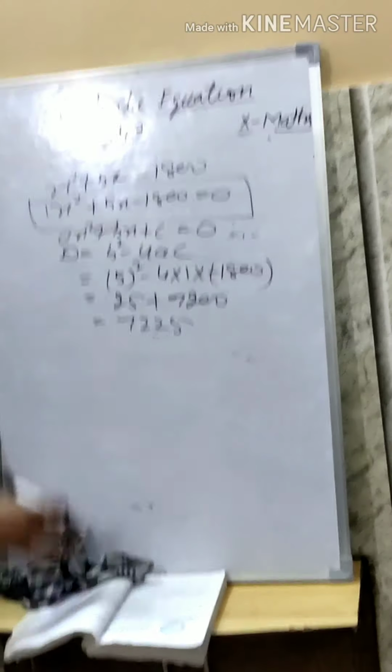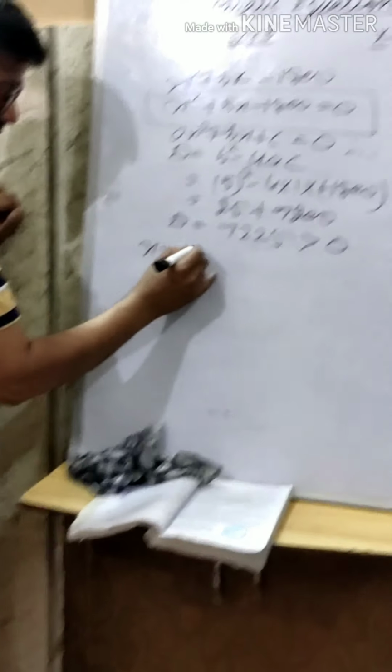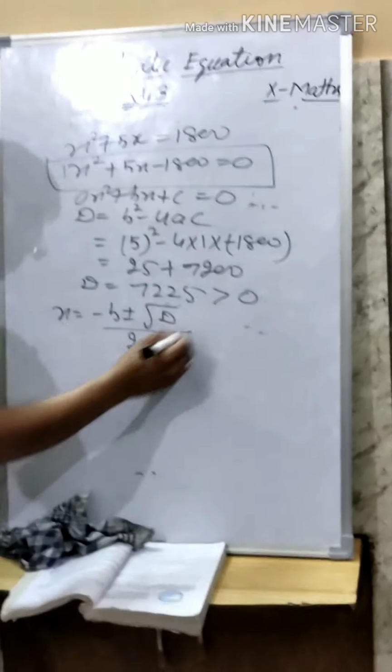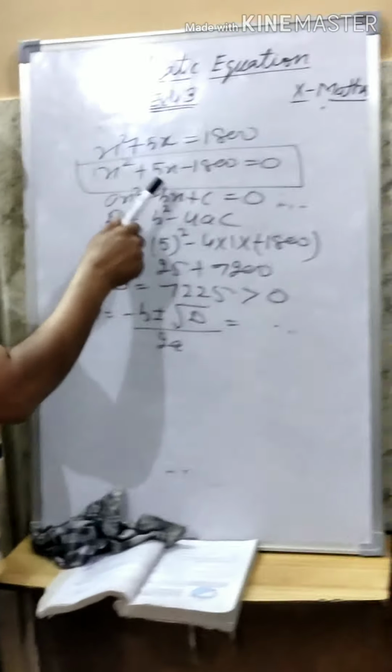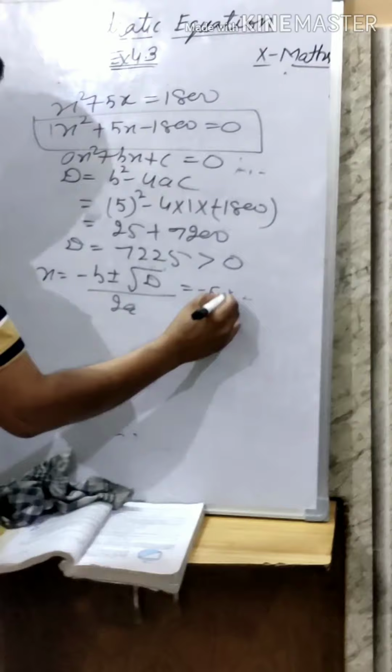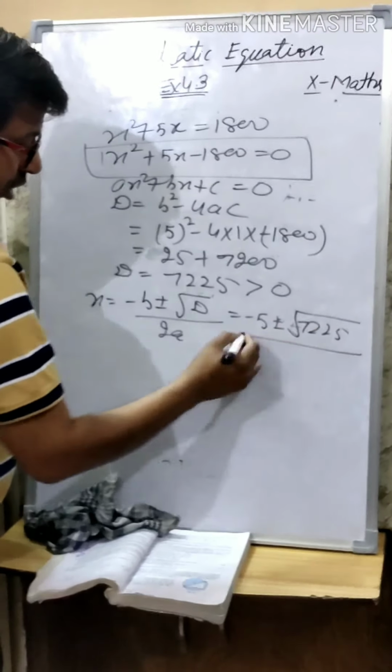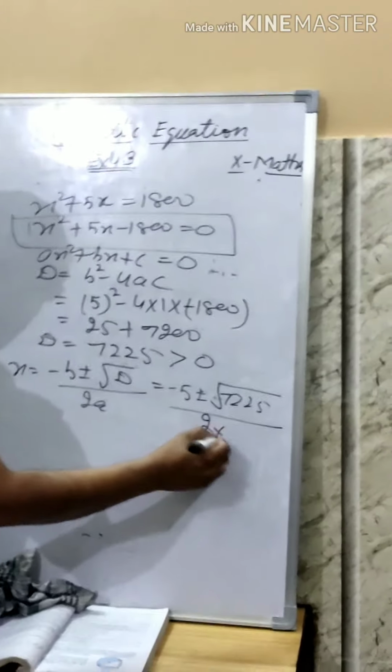So now it is greater than 0, so it means roots are possible. Then you can find out, formula is minus b plus minus root D by 2a. And what is b here? Minus 5 plus minus square root of 7225 upon 2a.